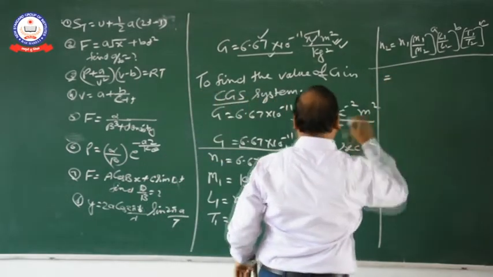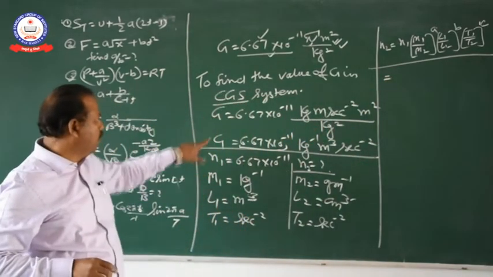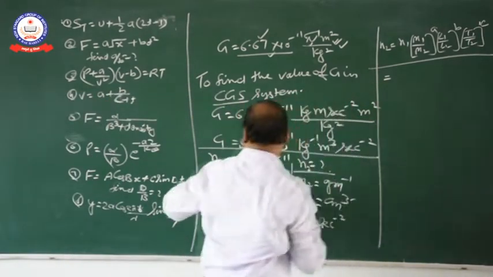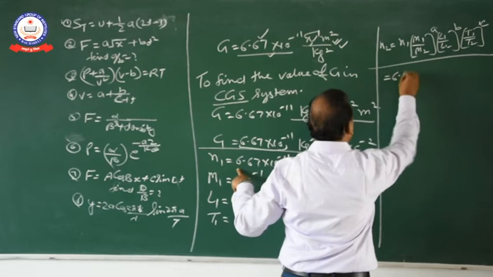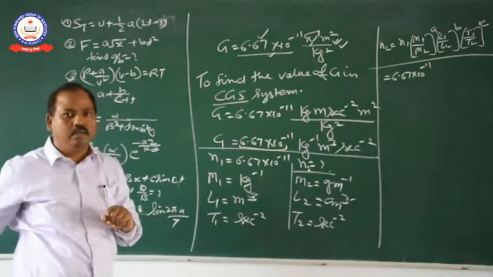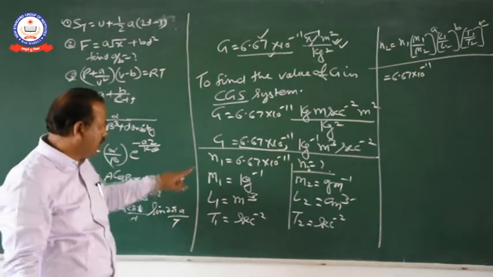So N2 is equal to, putting the value of G, N1 as 6.67 into 10 raised to power minus 11, correct?